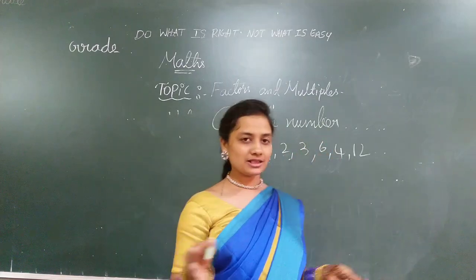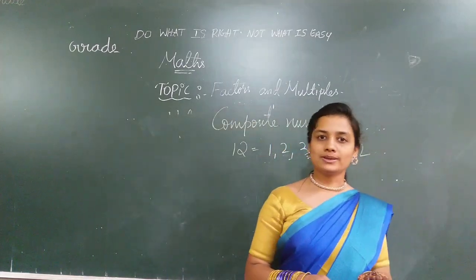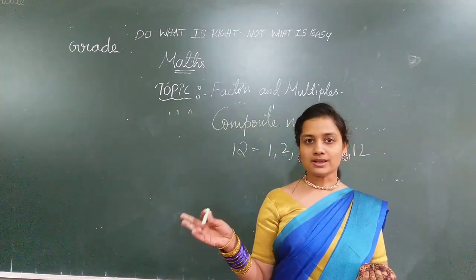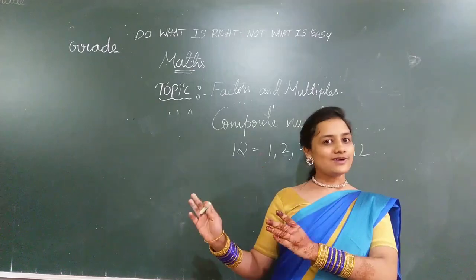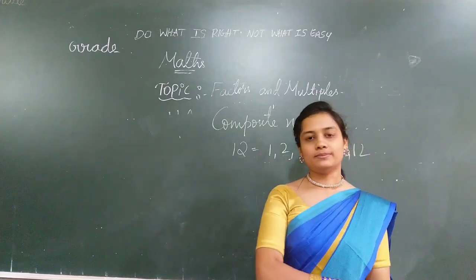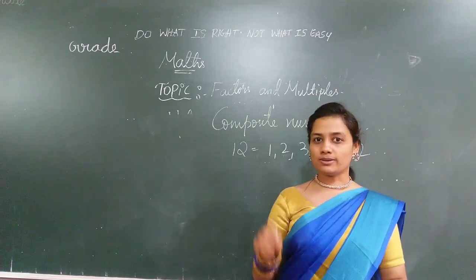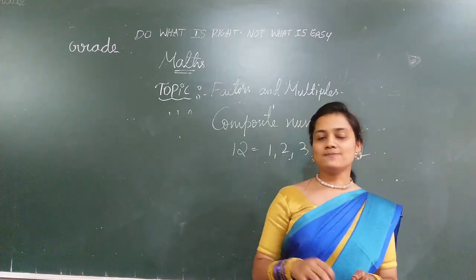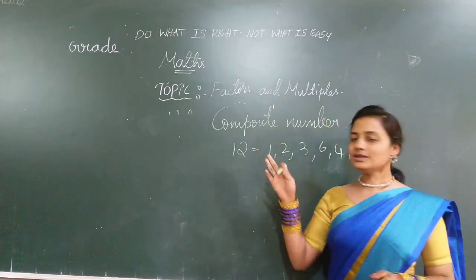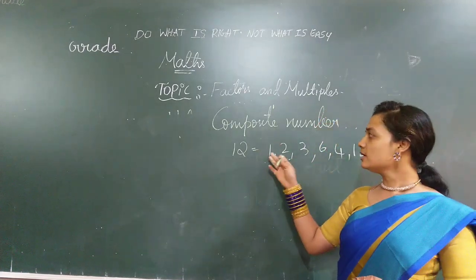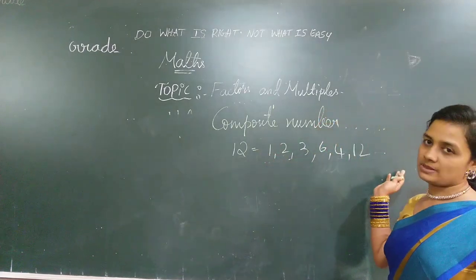So let us make a small hint to remember this. Prime numbers are only father and mother. Only 2 numbers are there. Newly married couples, only father and mother. Only 2 members. They are called prime numbers. Composite numbers are numbers having a big number of family members.